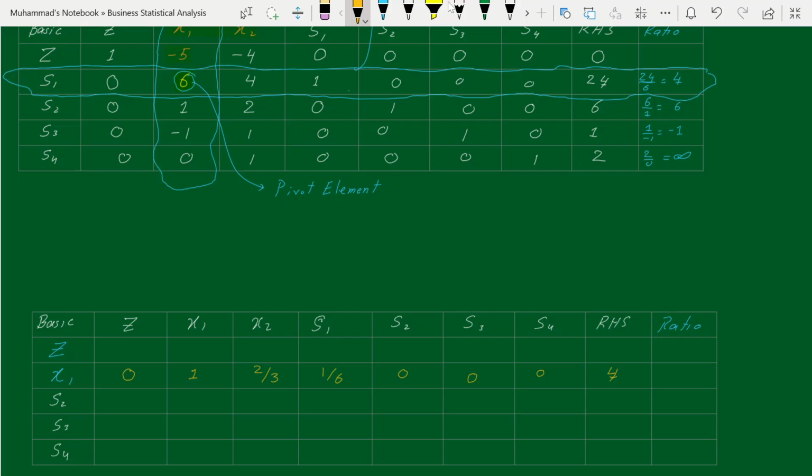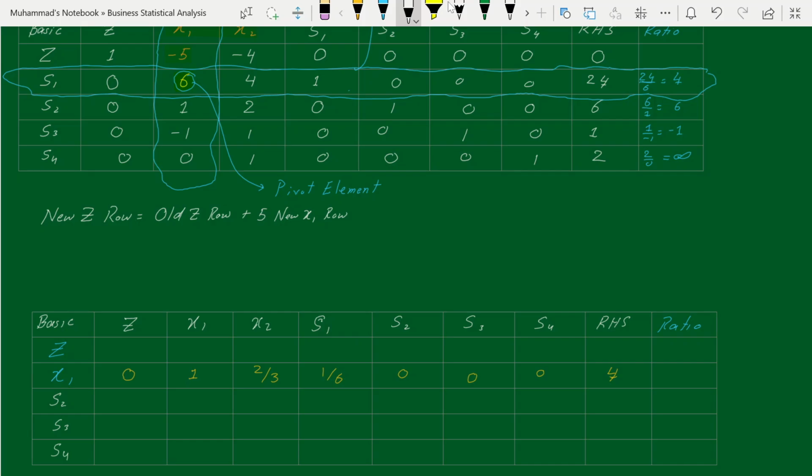To get new z from old z, we can use this formula: new z equals old z plus 5 times the new x1 row.